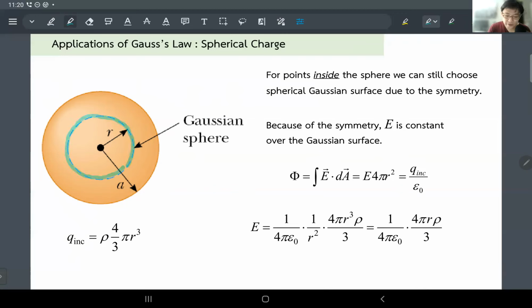And because it's a sphere, this is your fourth time seeing this. Your surface area is going to point in the radial direction. Your electric field is supposed to point in the radial direction as well, and they're supposed to have the same magnitude all over the place because there's no bias. There shouldn't be any direction where the electric field is stronger than the other.